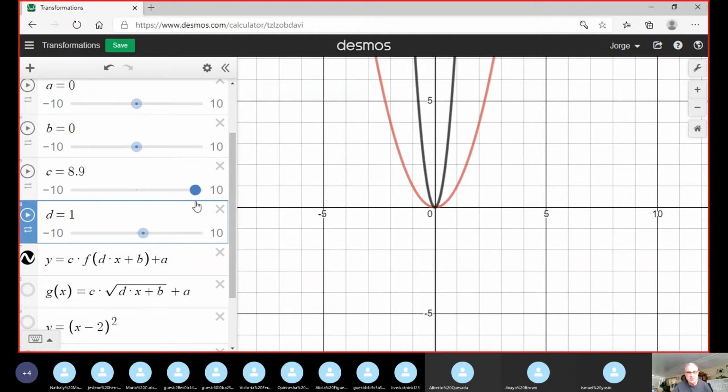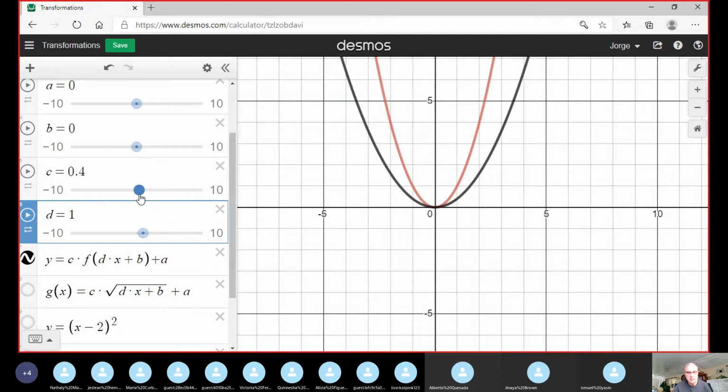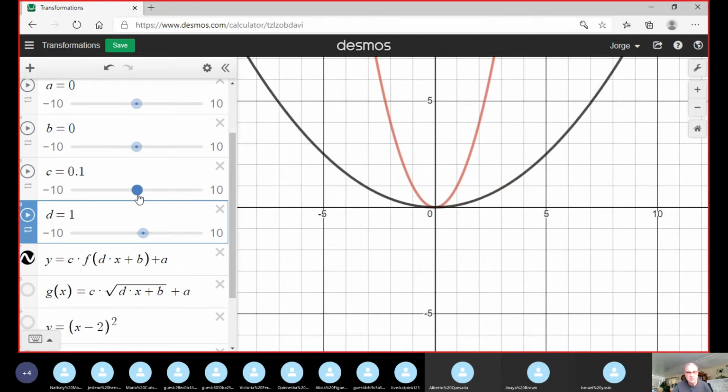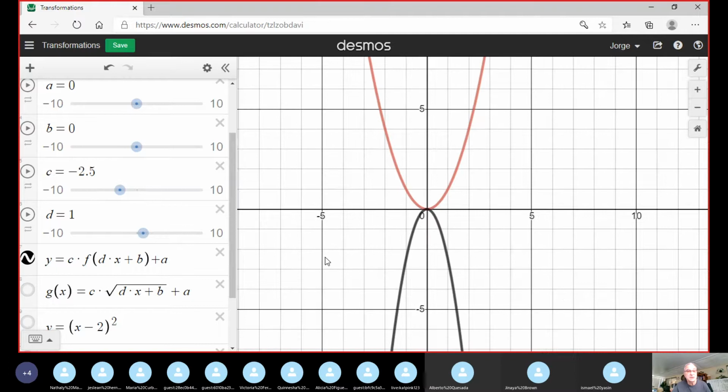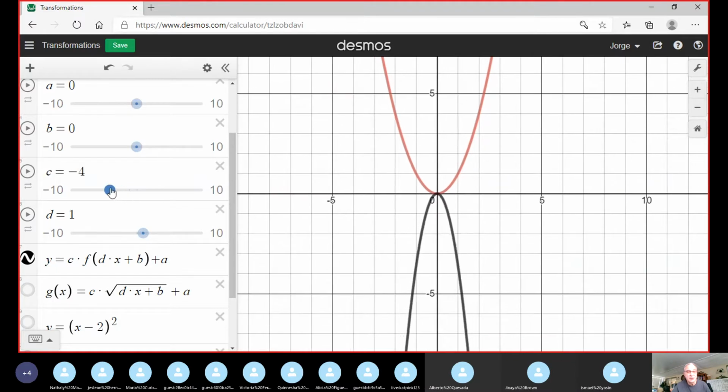Now, when the factor is less than 1, vertical compress. When the factor is negative, it's reflection. If it's negative 1, it's perfect reflection. But we have different combinations, no? The combination is, for example, negative 2.5 or negative 3.